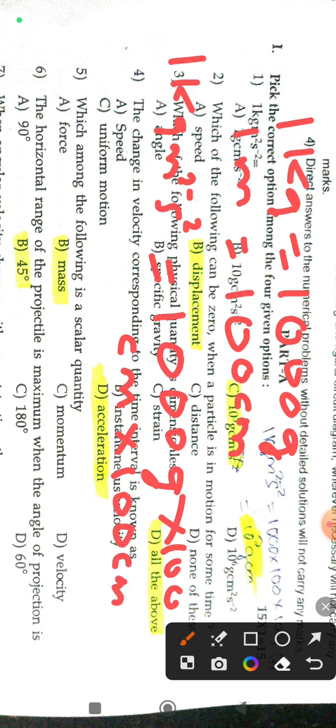How many zeros are there? Here 3 zeros, here 2 zeros and here 2 zeros: 2 plus 2 is 4, 4 plus 3 is total 7, so 10 raised to 7.